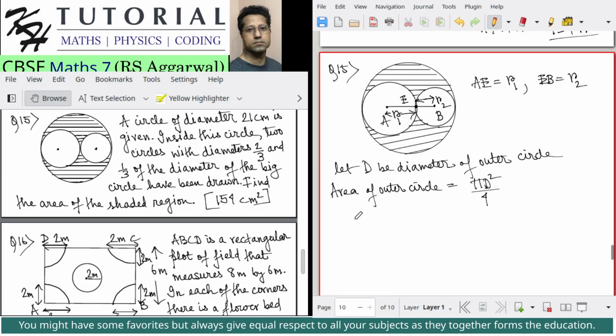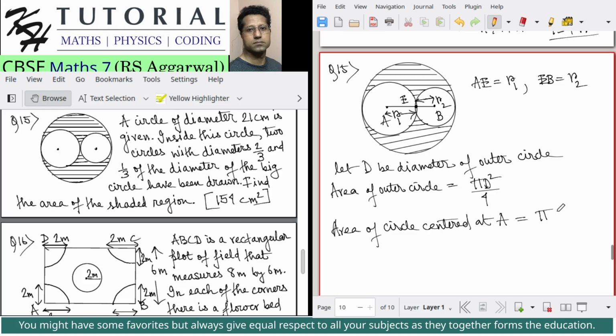Similarly, let the diameter of the circle centered at A, the inner bigger circle, be d1.